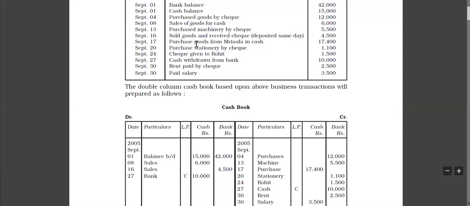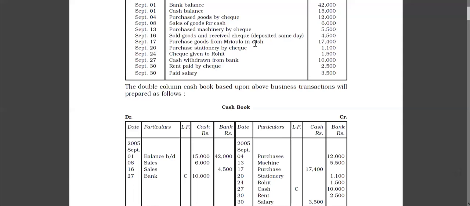See, sold goods and received check deposited same day. This is very important: sold goods and received check and deposited on the same day. If this condition is given, you have to consider it as a bank transaction, 4,500 same day.